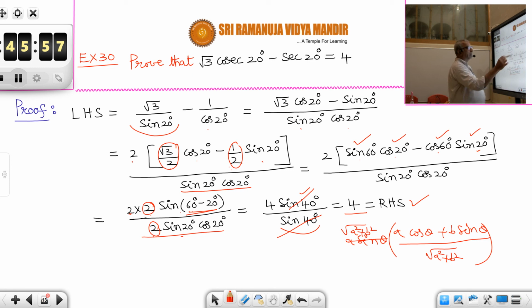So here a cos theta plus b sin theta is the expression. a is root 3, b is minus 1. So root of a square plus b square is 2. That is why I have divided by 2 and multiplied by 2. Because 2 is nothing but root of a square plus b square, where a is root 3, b is minus 1.